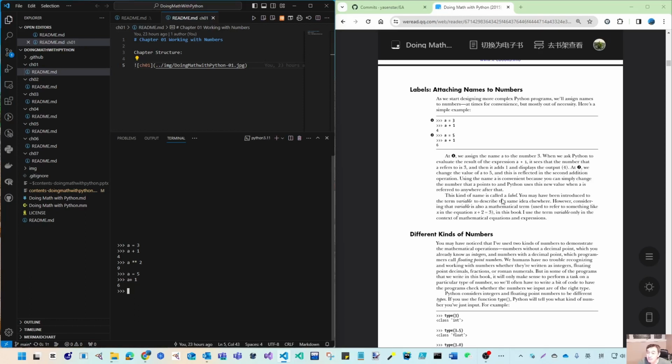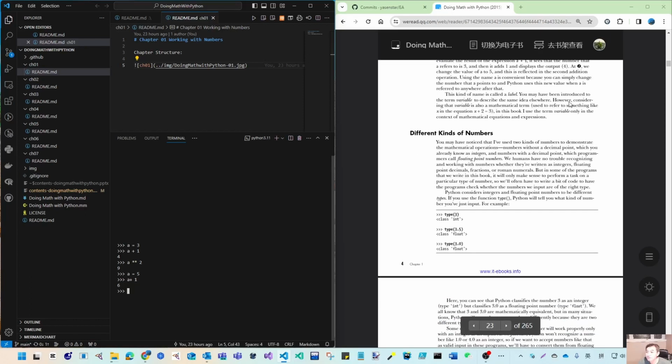This kind of name is called a label. You may have been introduced to the term variable to describe the same idea. However, variable is also a mathematical term, used to refer to something like x in the equation x plus 2 equals 3.